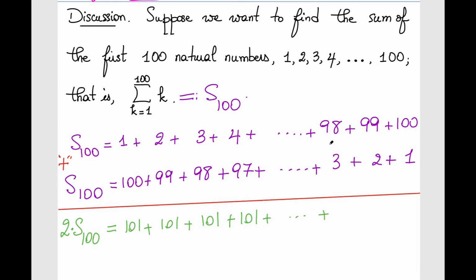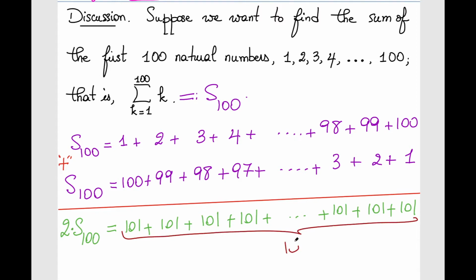And the last one, 100 plus 1, is also 101. And how many 101s do we have? 100 times, right? Because the number of summands is the same as the number of summands in either of these two expressions, so the number here is 100.